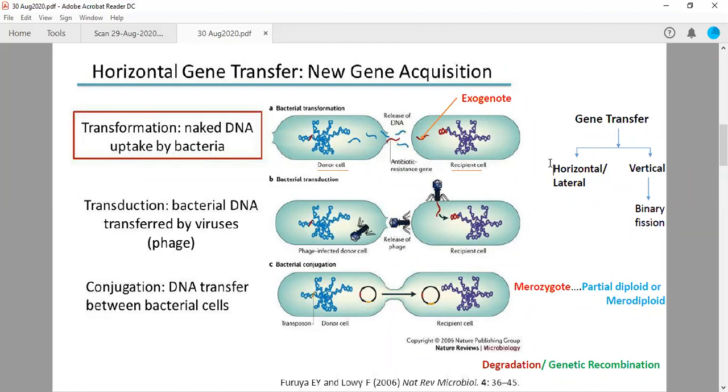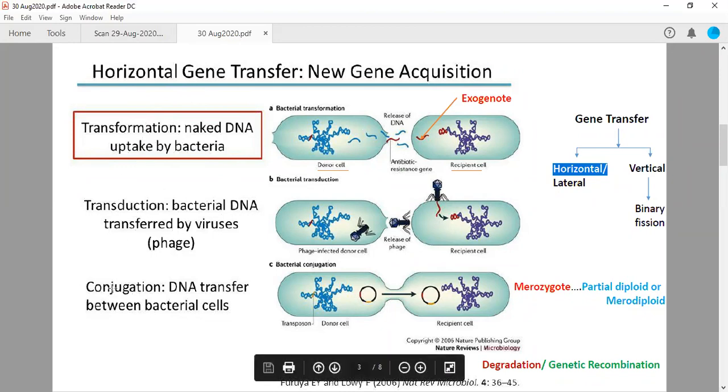Whereas if there is gene transfer between unrelated species of bacteria, it is called horizontal or lateral gene transfer. We are interested in all three processes by which horizontal gene transfer takes place: transformation, transduction, and conjugation. These are three ways by which genes can be transferred between unrelated species.